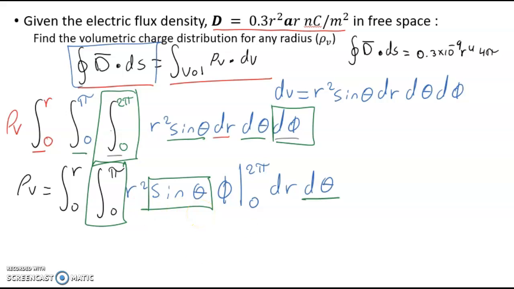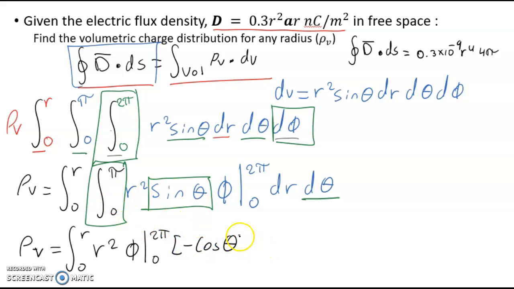So we can now integrate about theta with these elements. That means the result will give me the integration of sine of theta from 0 to pi. The result is going to look like this: the integral from 0 to r of r squared times phi evaluated from 0 to 2 pi, and the integration of sine theta is going to be minus cosine of theta evaluated from 0 to pi, dr. Finally, we integrate about dr in these limits.